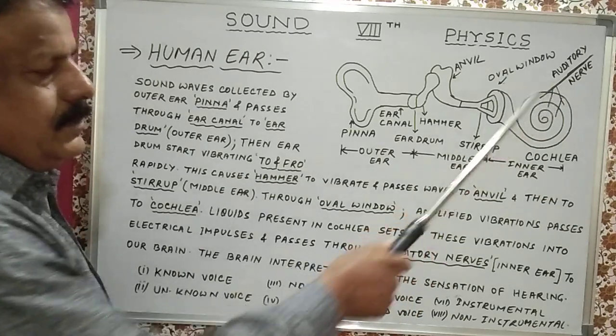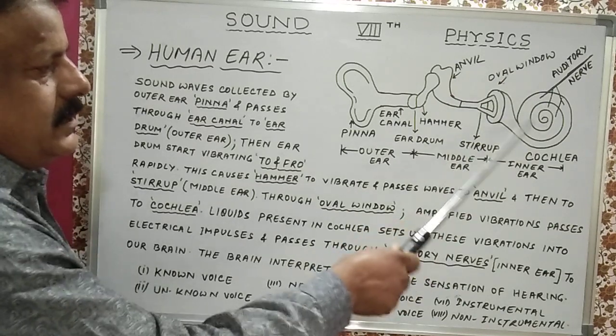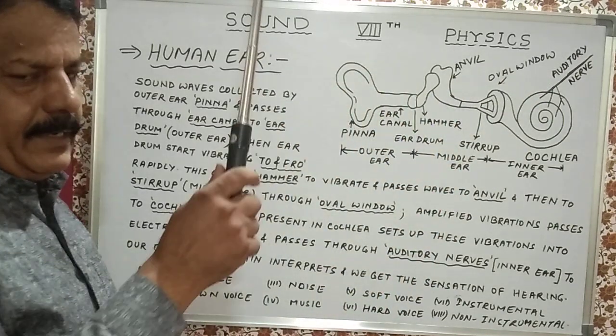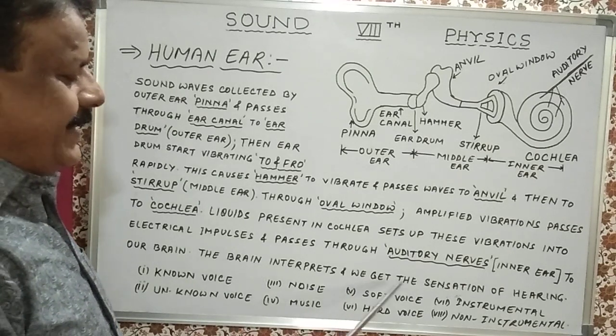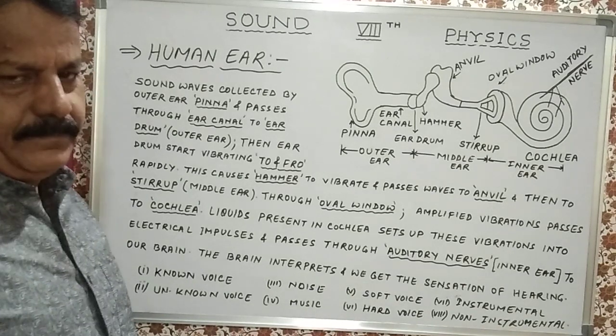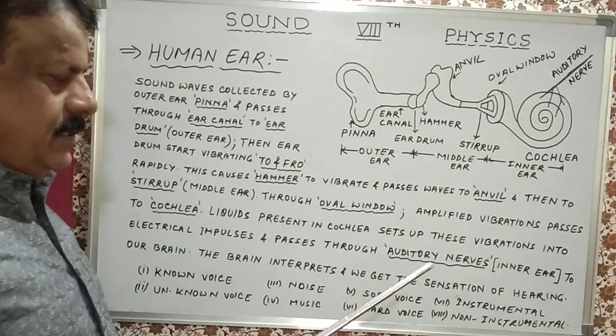These auditory nerves behave like electrical wires and carry the electrical impulses to our brain. The brain interprets them and we get the sensation of hearing.